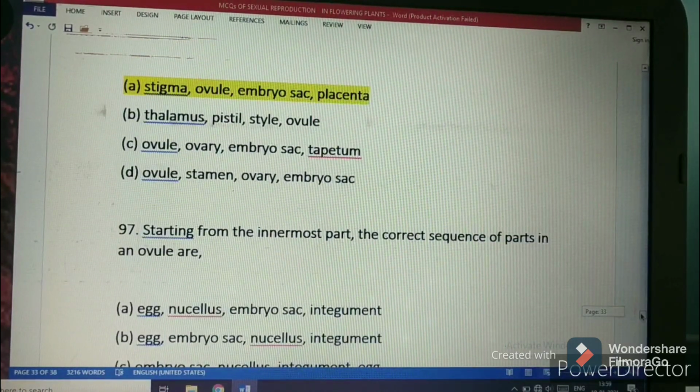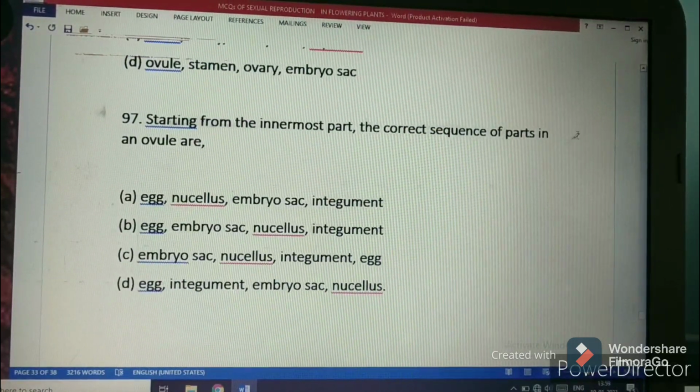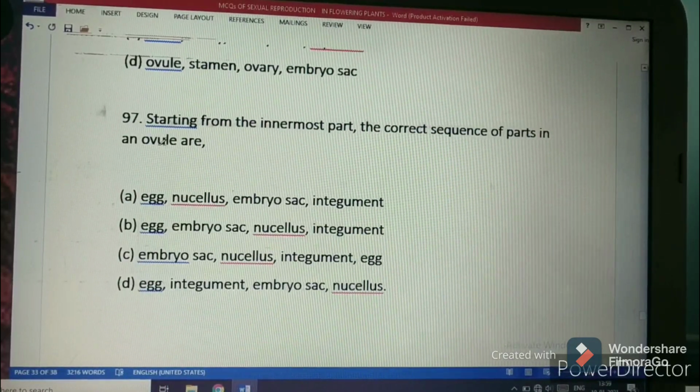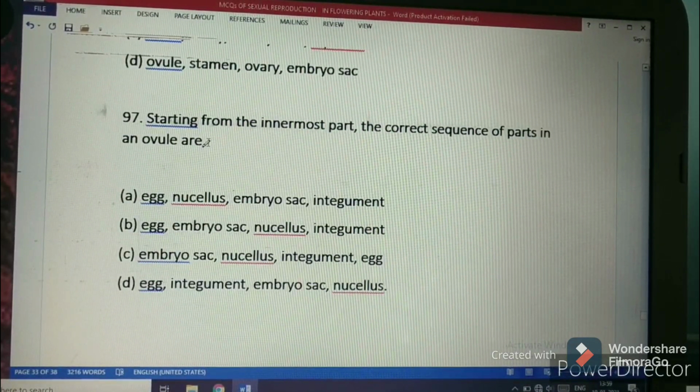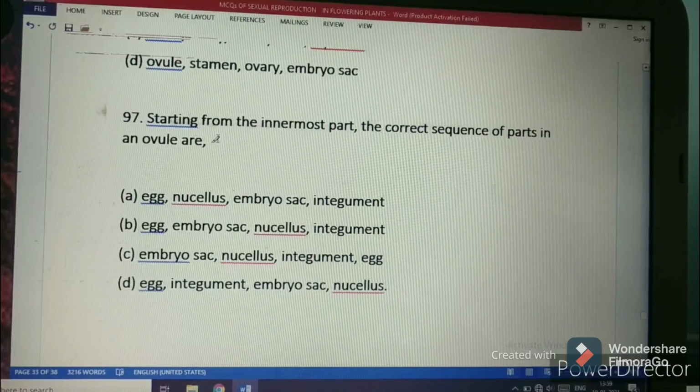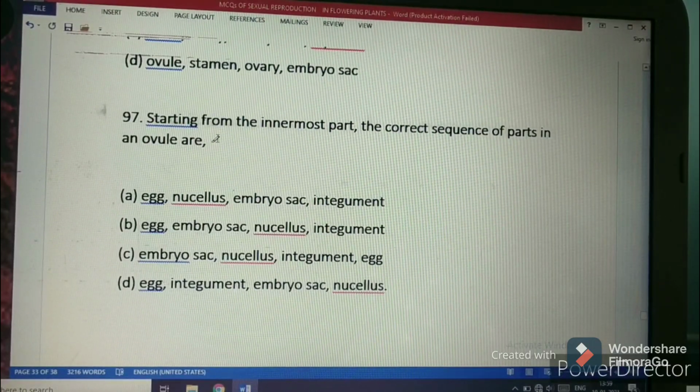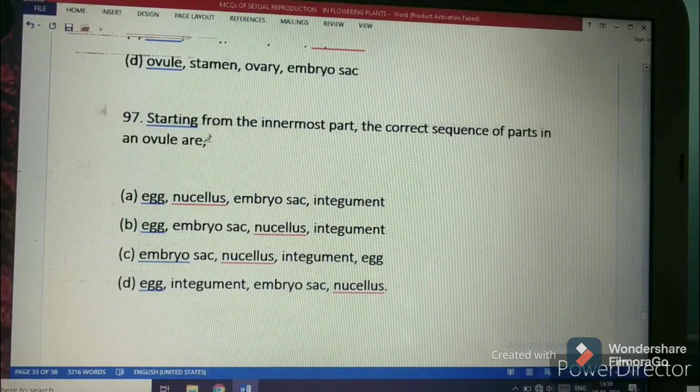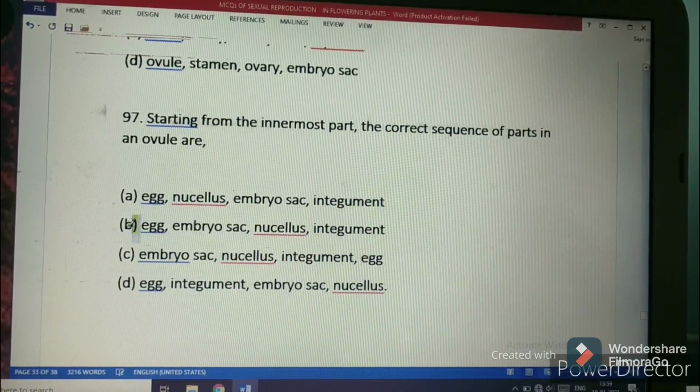Starting from the innermost part, the correct sequence of parts in an ovule is egg, embryo sac, nucellus and integuments. B is the correct answer.